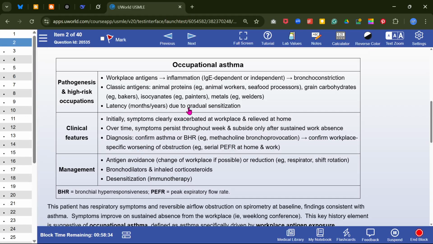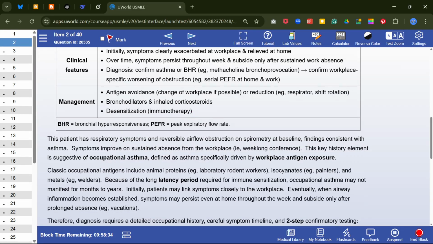It's occupational asthma. This patient has respiratory symptoms and reversible airflow obstruction on spirometry at baseline, findings consistent with asthma. Symptoms improve on sustained absence from the workplace, such as a week-long conference.